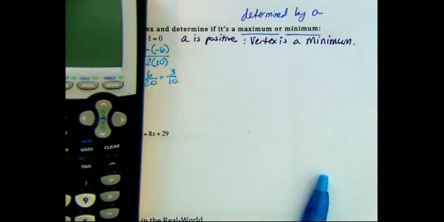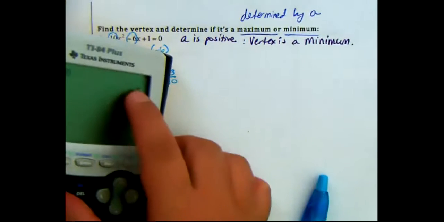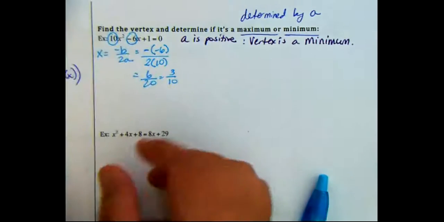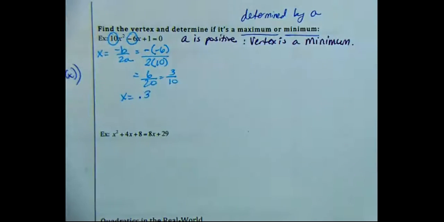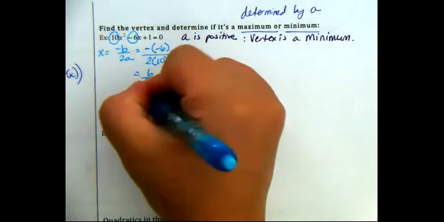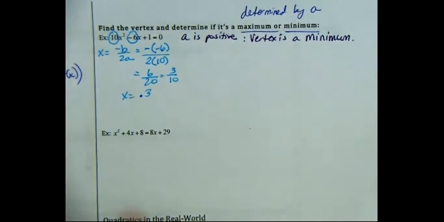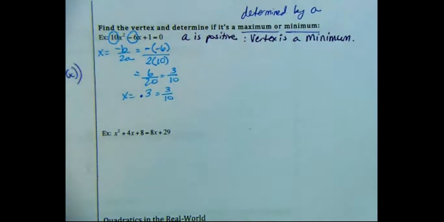My bad, I was thinking about 0.3333. Having issues this morning. So our x is equal to 0.3 or 3 over 10, depending on how you want to leave it and work with it.